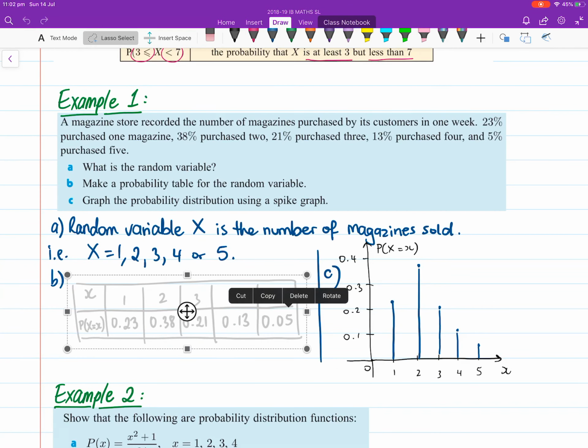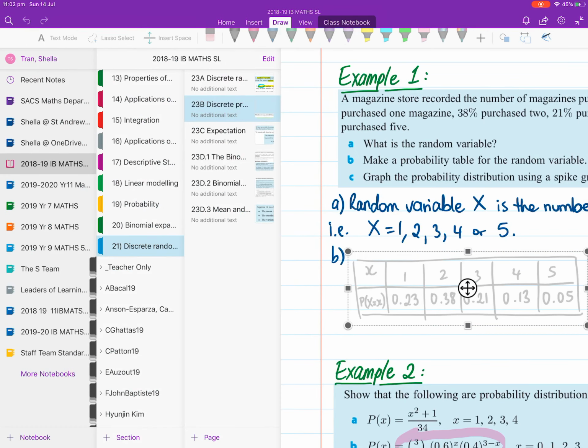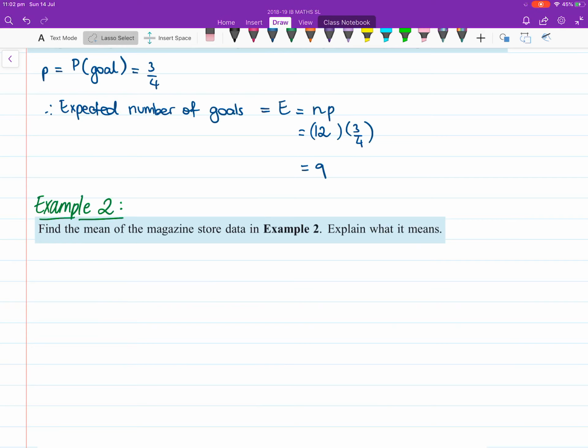No, it won't let me do it. Maybe it doesn't let me paste to another page. No, it doesn't like it. Okay, let's just go back here and read it.